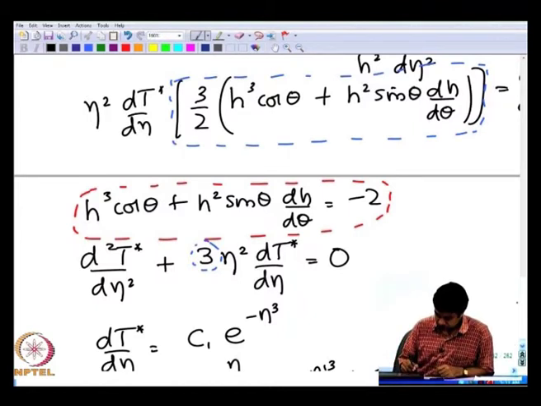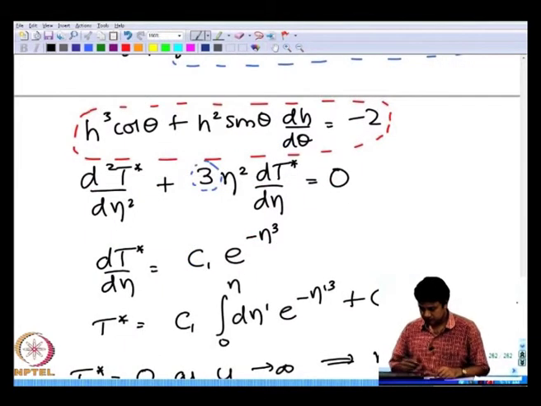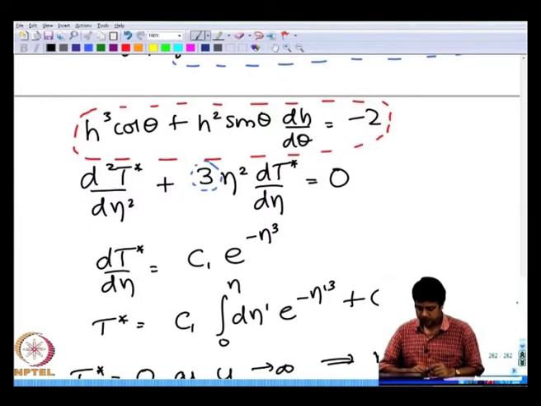This gives a solution for the temperature. dT star by d eta is equal to some constant e power minus eta cubed. I just integrate this once and I will get dT by d eta is equal to some constant e power minus eta cubed.